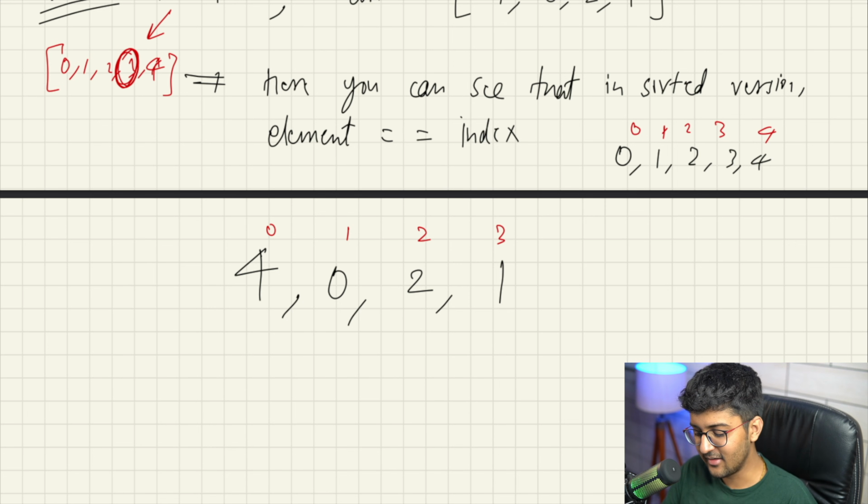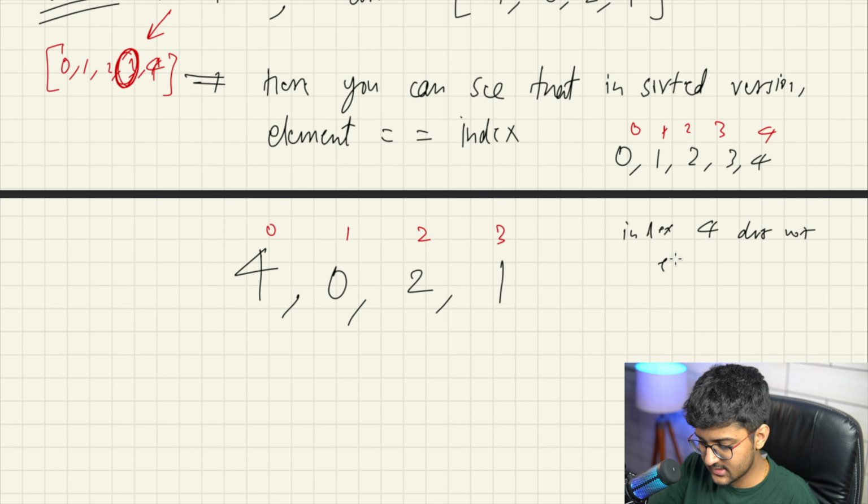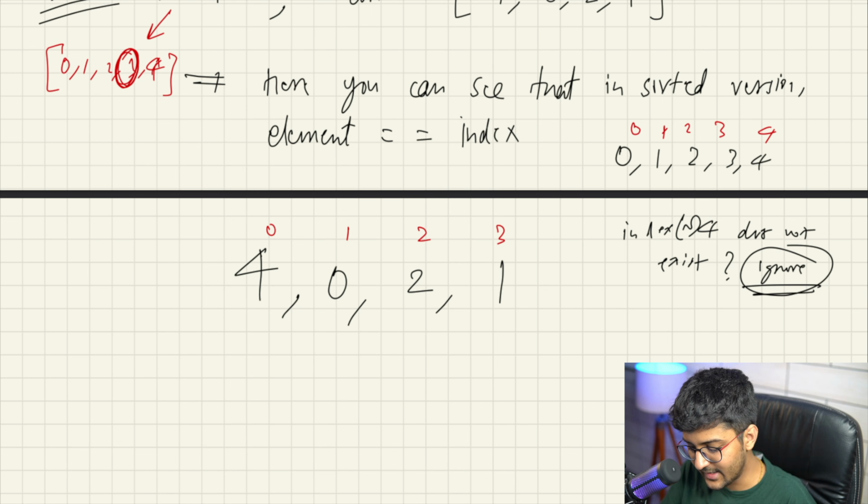You're going to say, hey Kunal, index 4 does not exist. That means index number n does not exist. Whenever you find n, ignore it because you cannot put it in the array. Just ignore it. Okay, cool.